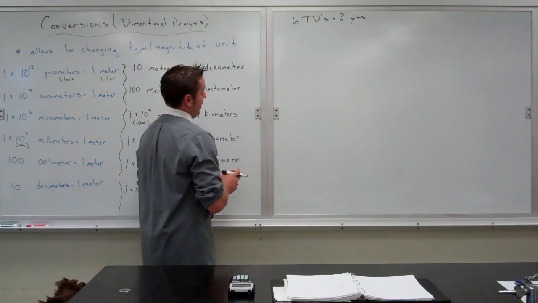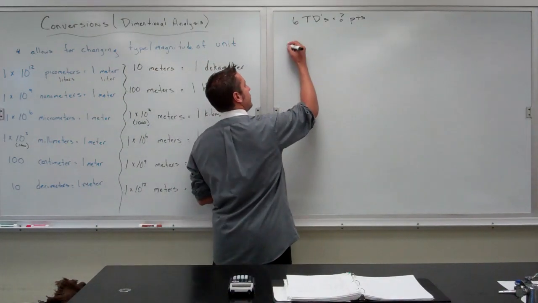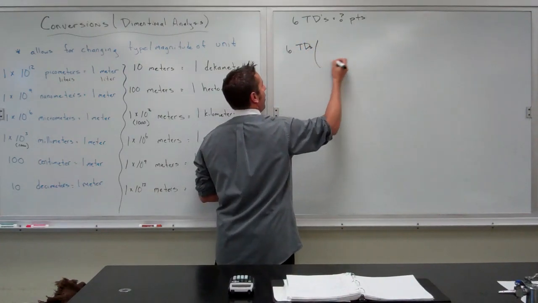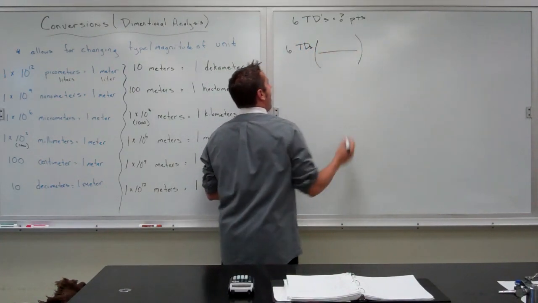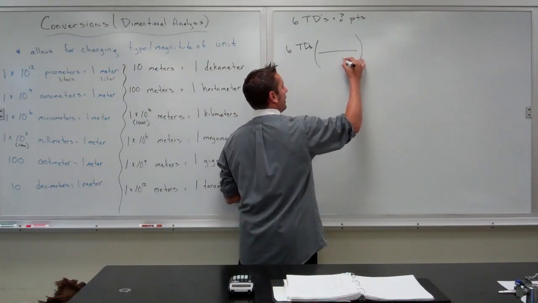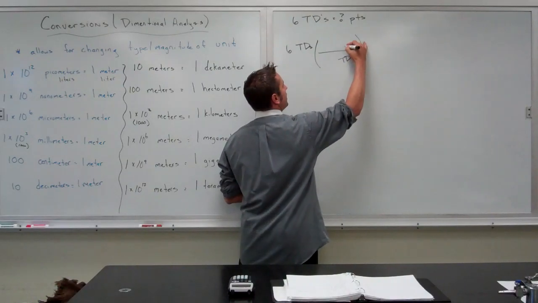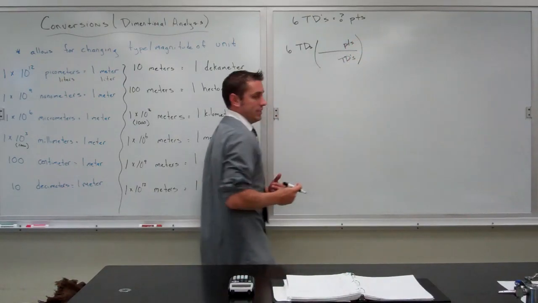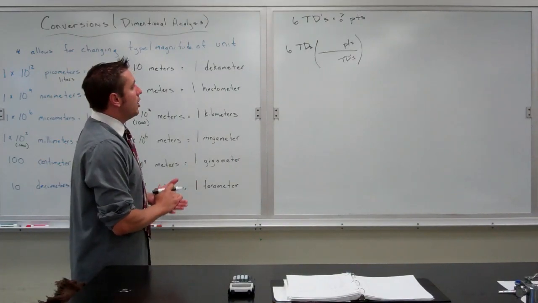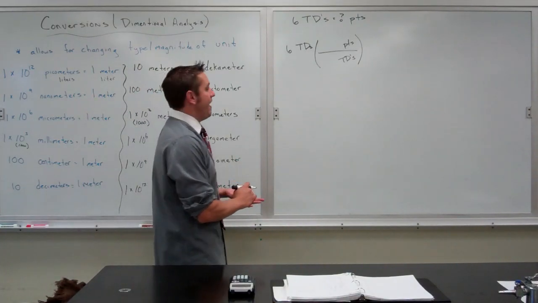What you are really doing is this. You're saying, if we score 6 touchdowns, I want to know how many points that is. So I develop a relationship between touchdowns and points. And so long as you know what that relationship is, you're able to plug in that conversion factor.